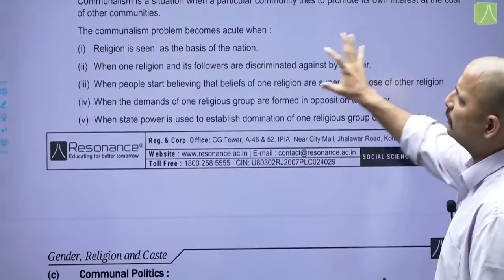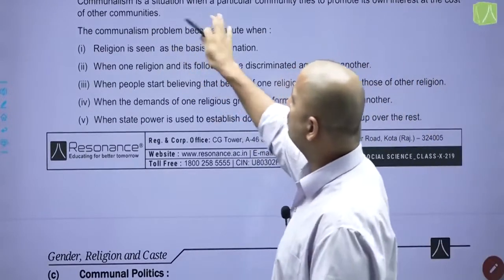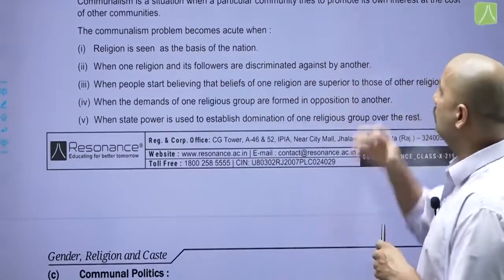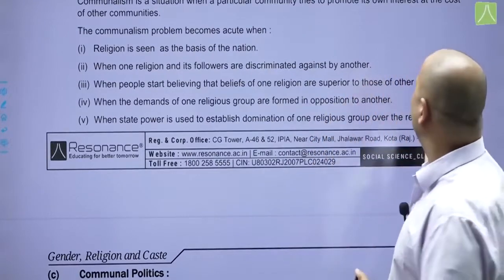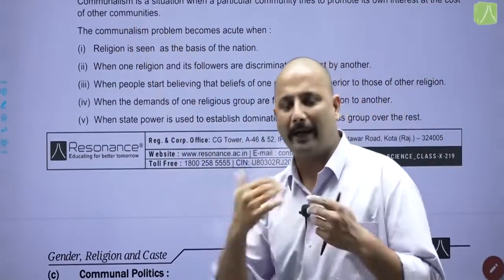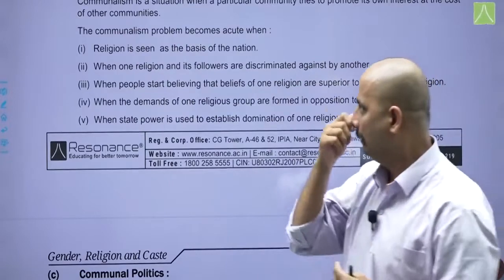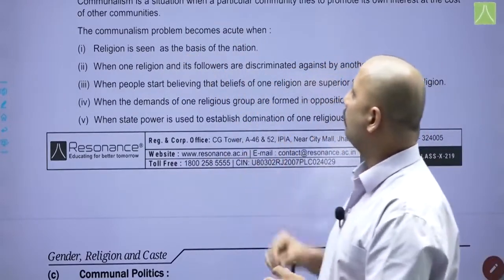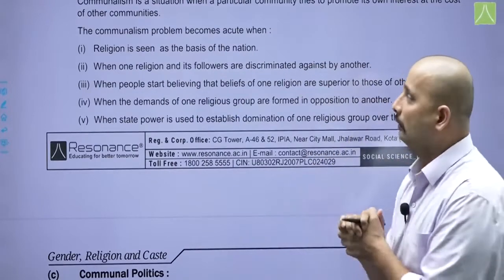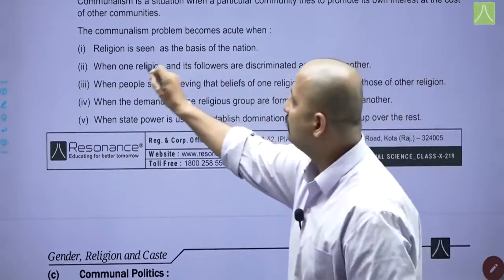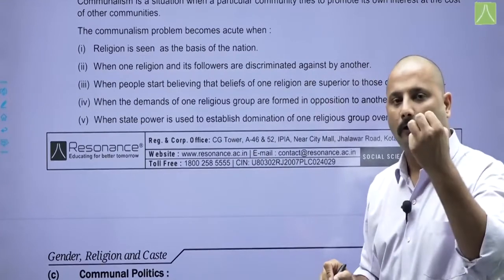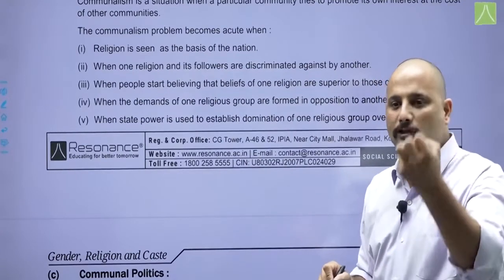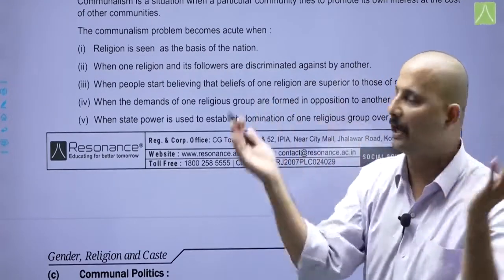Now, according to the definition, communalism is a situation when a particular community tries to promote its own interest at the cost of other communities. That is, my religion is better than yours. The idea should be that all religions are good. The communalism problem becomes very acute when religion is seen as the basis of the nation, that is, religion is the sole thing on which this nation has been created.